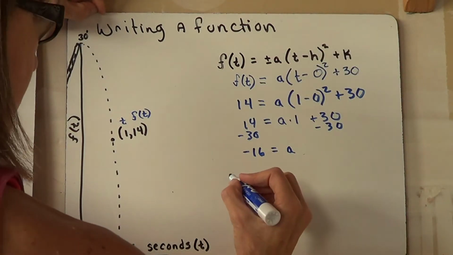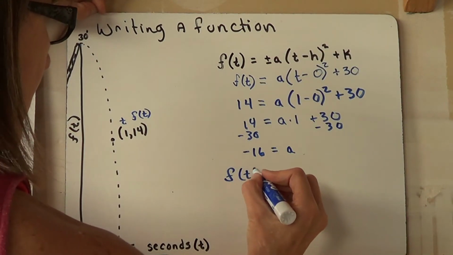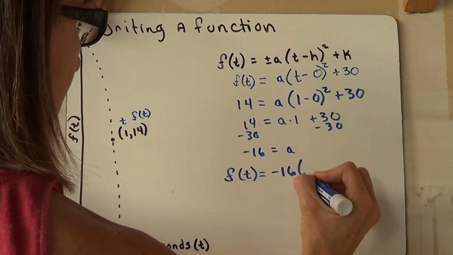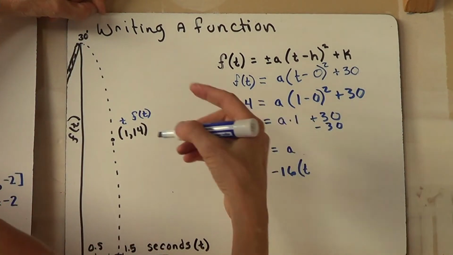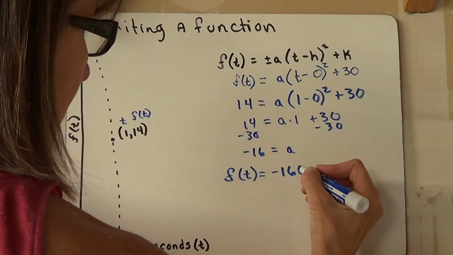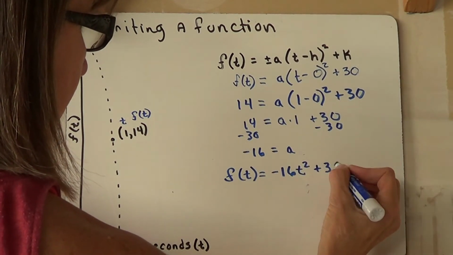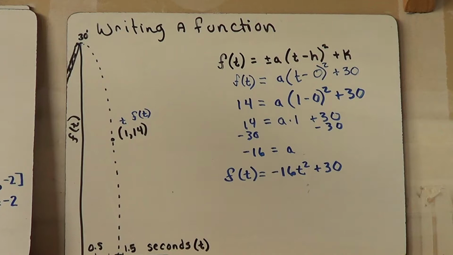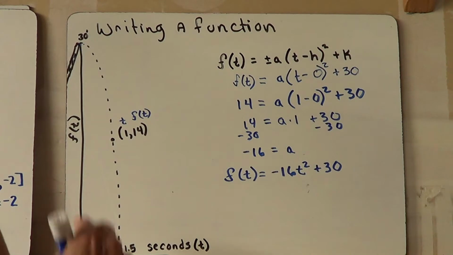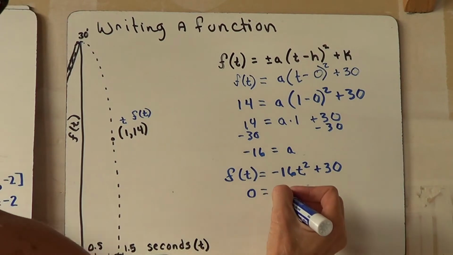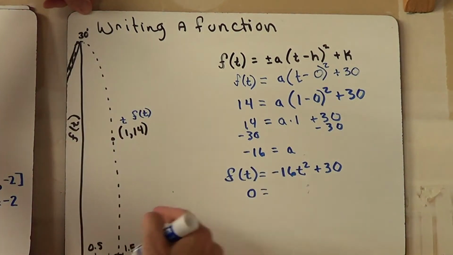Now we can write our function rule. f of t equals negative 16 t squared plus 30. We don't really need to put in the 0. Now, if we want to solve for when it hits the ground, then we could say, well, f of t we know will be 0, because f of t is the feet off the ground.